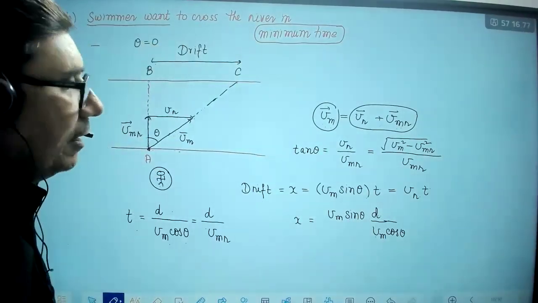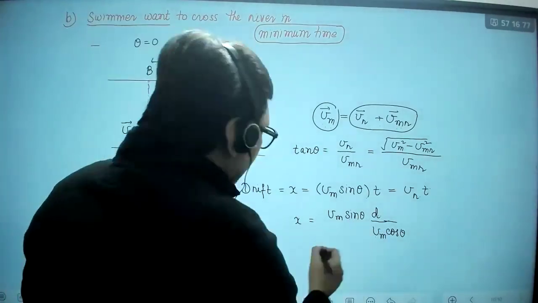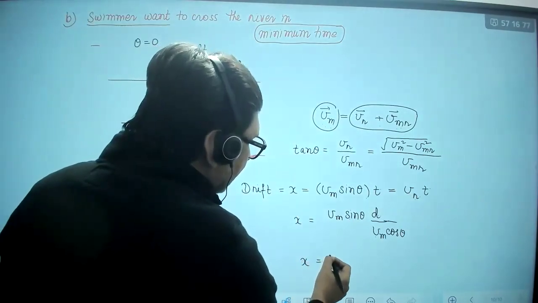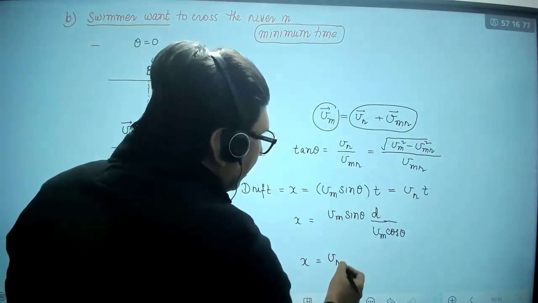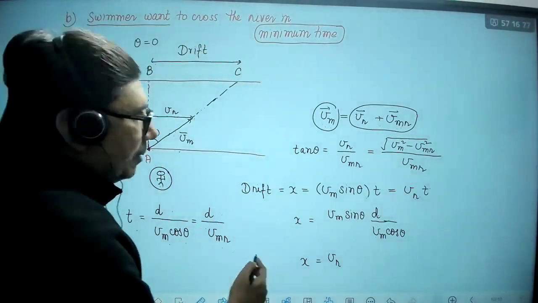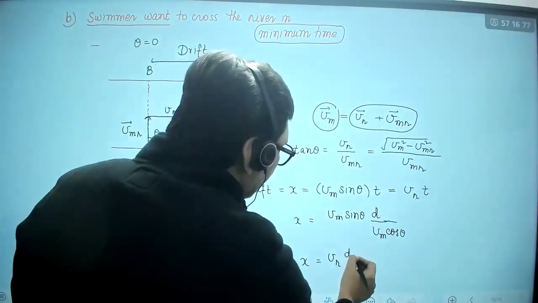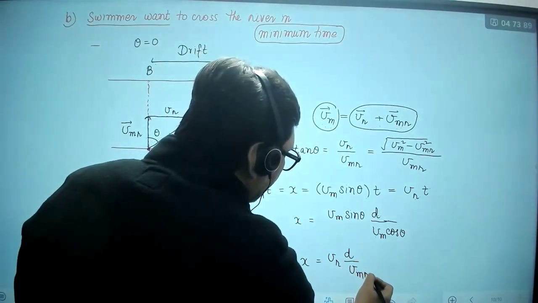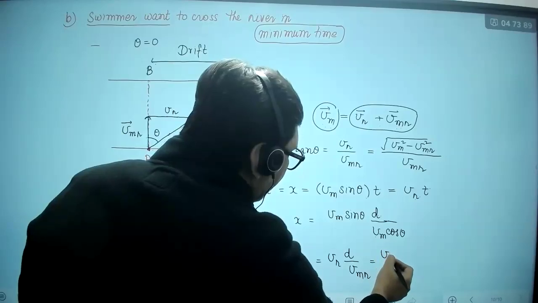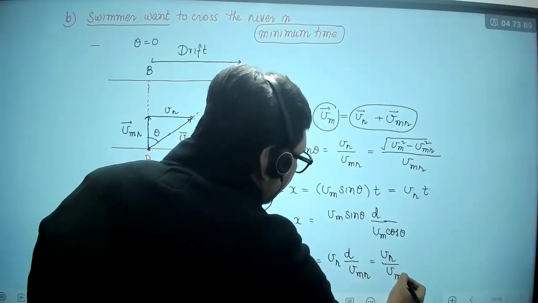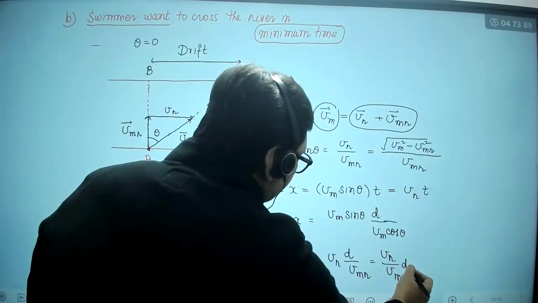So I didn't find my answer from this side. So second one, that will be x, that is Vr, and here t will be d upon Vmr. So Vr upon Vmr into d.